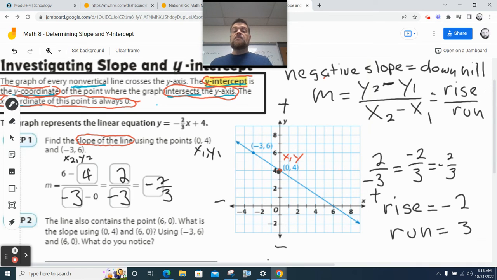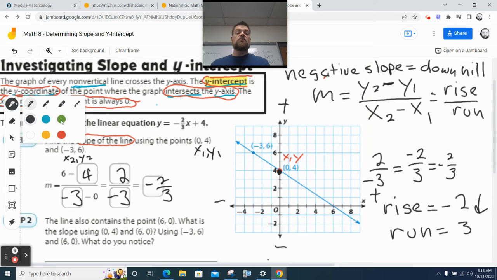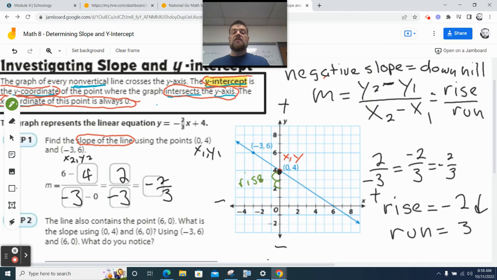So from this point, I'm supposed to go down 2 spaces. We'll use green. So from here, I'm going to go down 1, 2. That's a rise of -2.